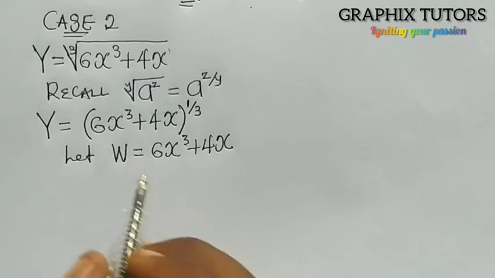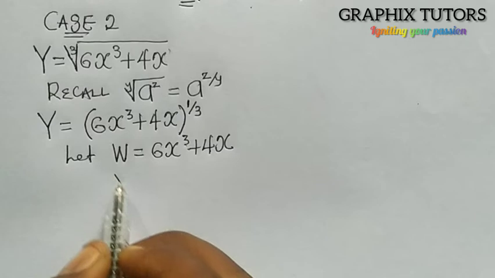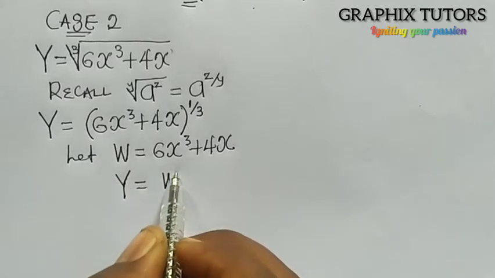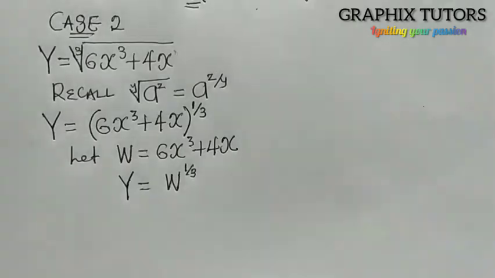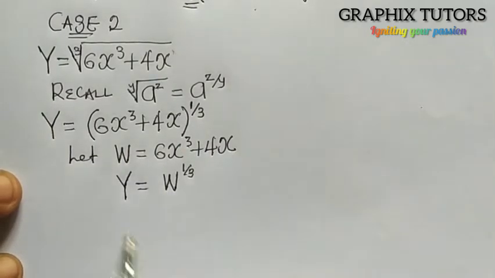Now, if I've said w is this, so if I want to write my function back, my y will now give me w to the power 1 over 3. So we have y equals w to the power 1 over 3. Now what will I do? I'm going to differentiate this. So I'm differentiating w with respect to x.